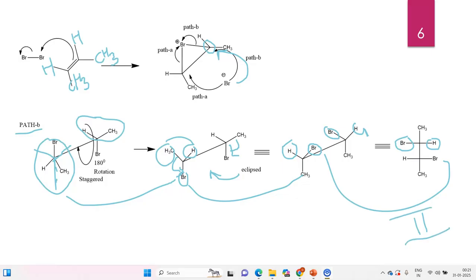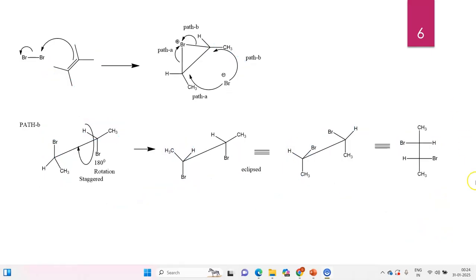So what is the relation between the first and second? Just check the first and second.